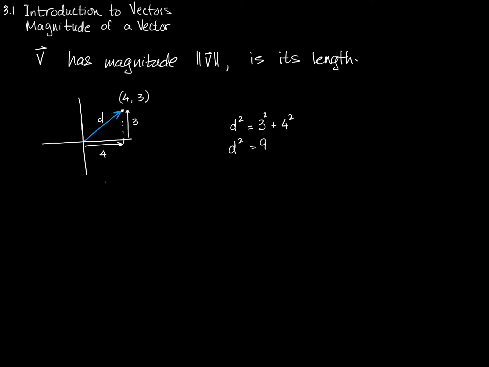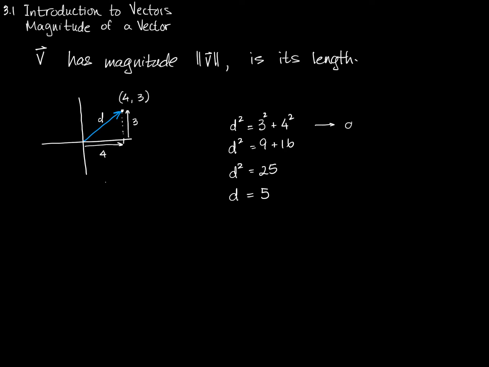And that's 9 plus 16. And when I add those together, that's 25. So d must be plus or minus 5, but since we're dealing with a length, it's positive. So d is 5. And literally all I've done here is use the Pythagorean theorem to find the hypotenuse of a right triangle. I could also have done it this way.